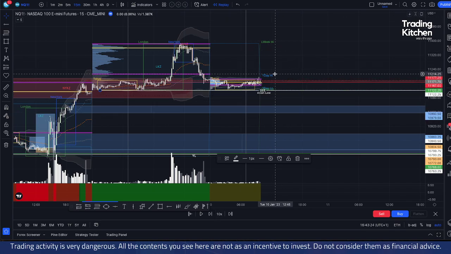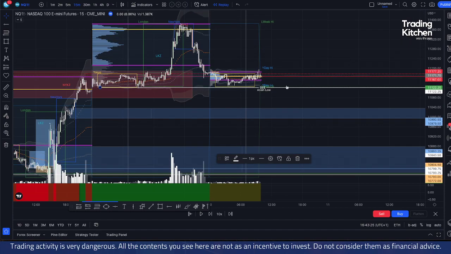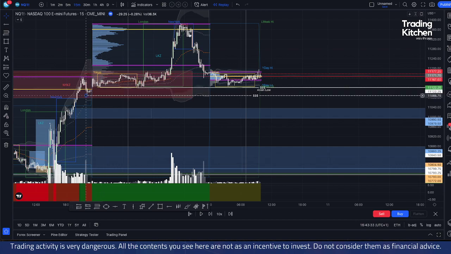I'm pretty much sure the price will test this liquidity here or here. Why? Because of this movement. The only thing that makes me not comfortable enough is that price didn't break the structure.